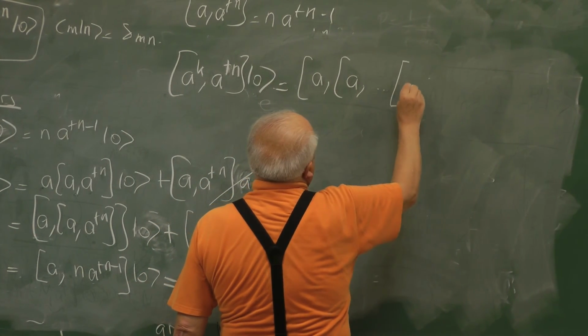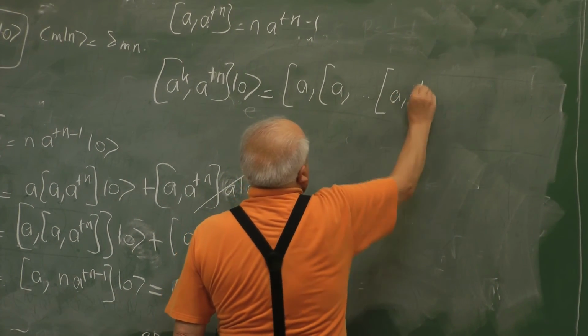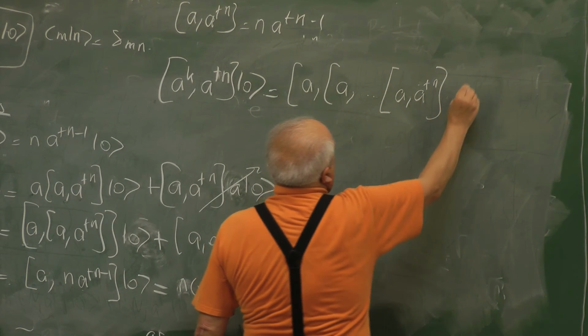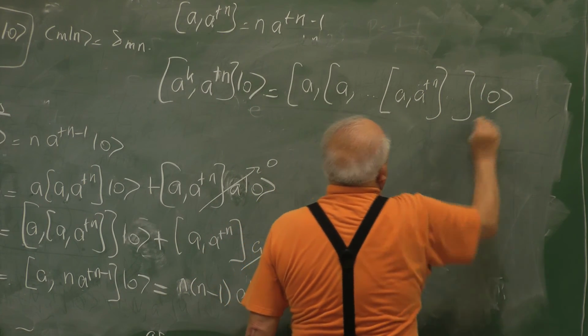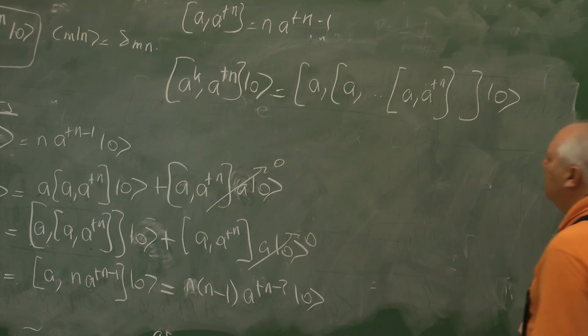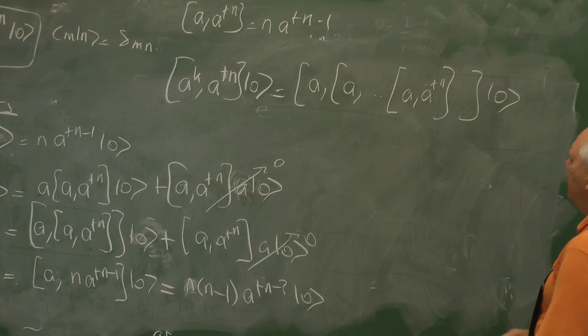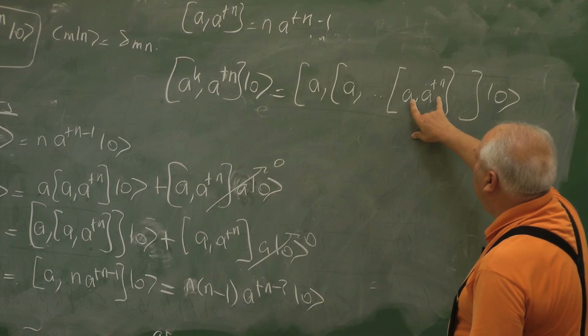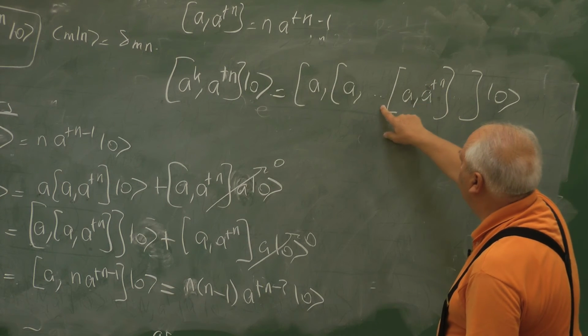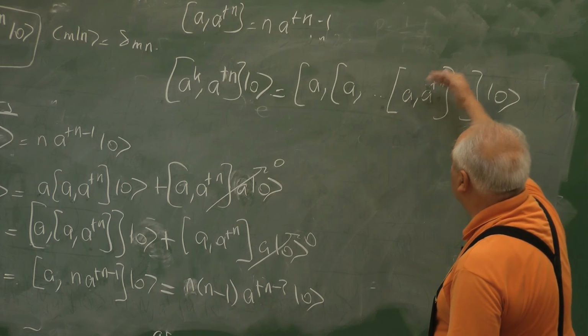So this is the kth one, a dagger n, all these commutators acting on 0. This is the only term that is contributing, and the computation is trivial because the first one gives me n a dagger n minus 1. The second one reduces the power.